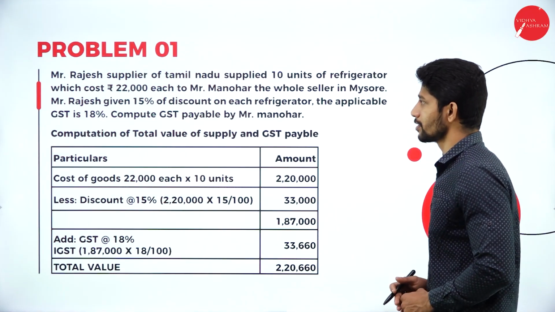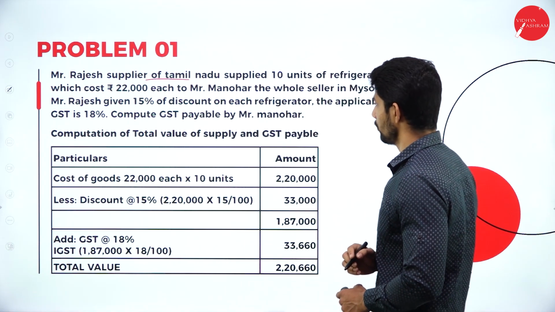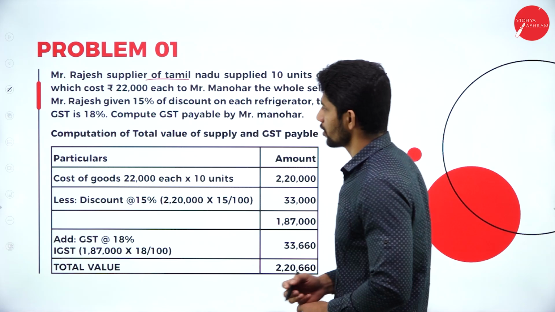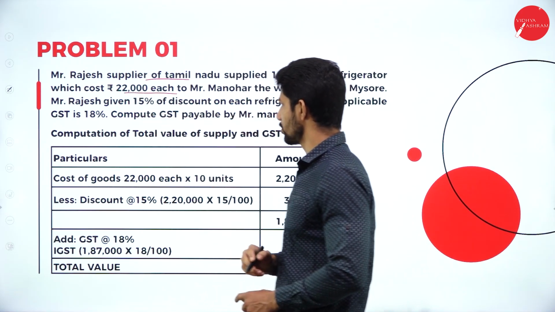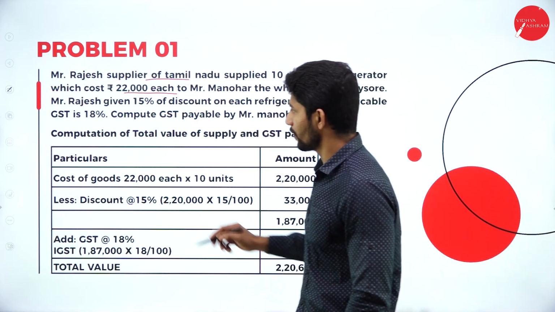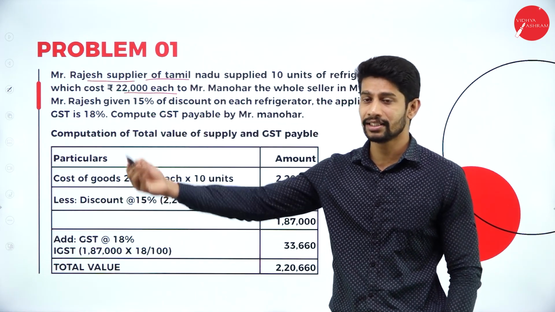So if you look into the first problem, Mr. Rajesh, supplier of Tamil Nadu, supplied 10 units of refrigerators which cost 22,000 each to Mr. Manohar. So here we have two parties. One is Rajesh, he is the supplier, that means he is supplying the goods, he is selling the goods.